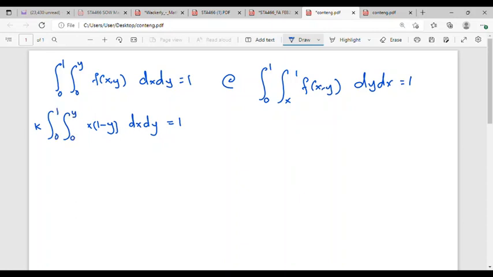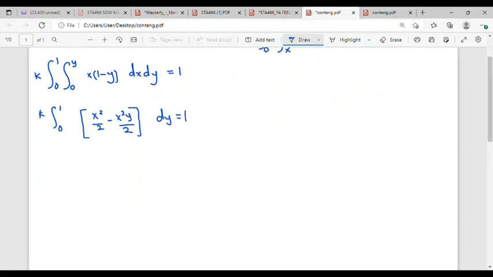So first thing first, integrate the function with respect to x. Okay, so integrating x, we get x square over 2 minus x square y over 2, dy, which is not solved yet. Alright, so solve that part of the integration first. Just copy this back. Okay, this part, 0 to y. Then replace x with y, because we integrated the function with respect to x.